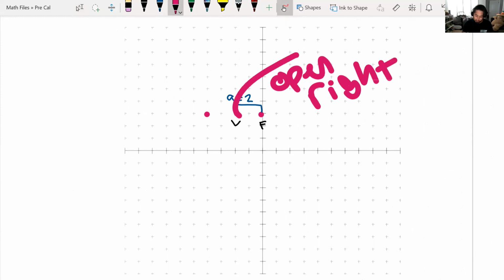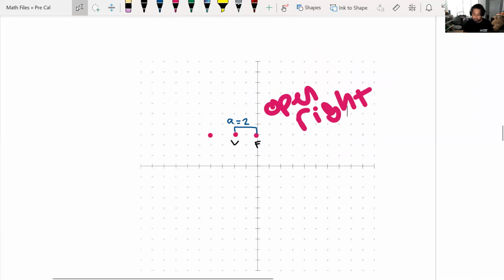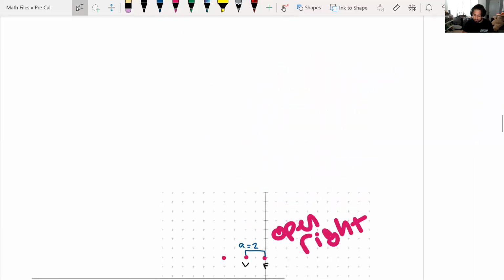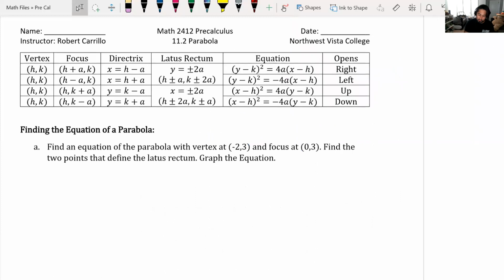Our parabola is going to open to the right because of the focus placement, but we want to do it properly. I'm just labeling everything, right? And if our parabola opens to the right, well, this means that if we go up and look, our directrix is going to be x equals.